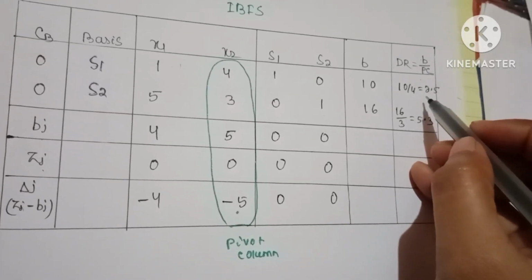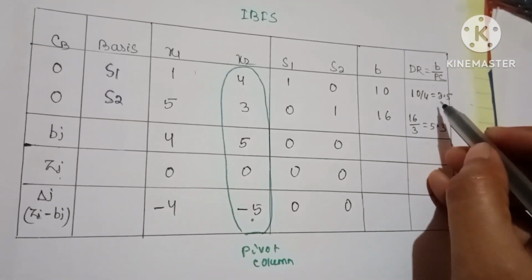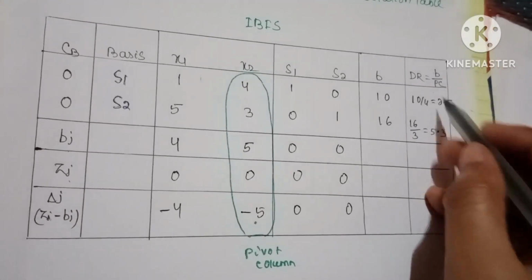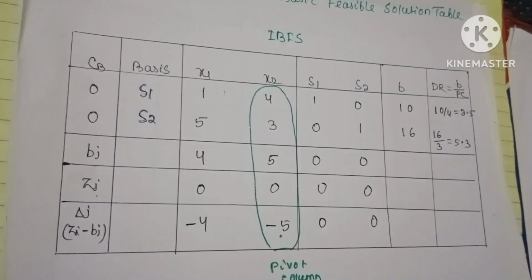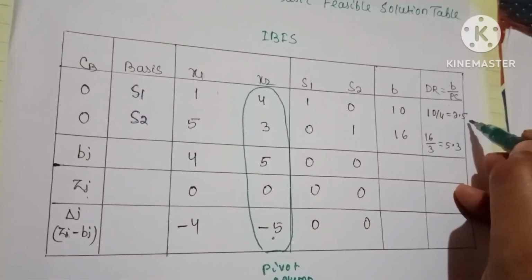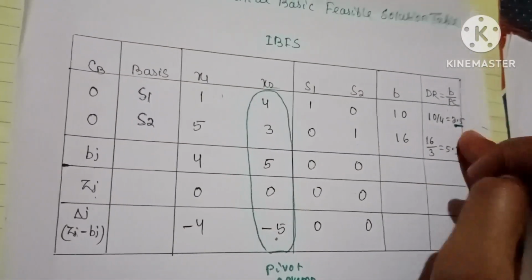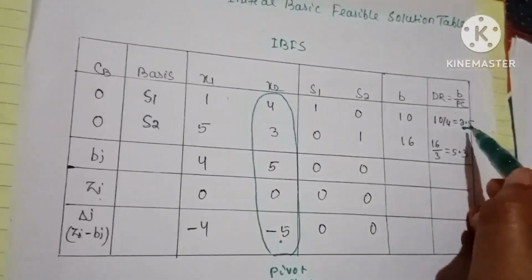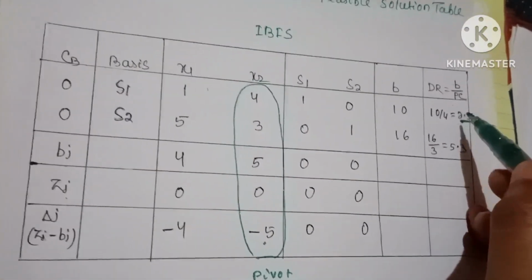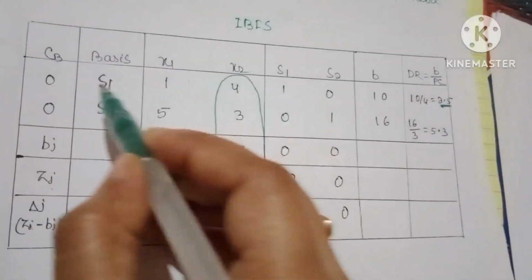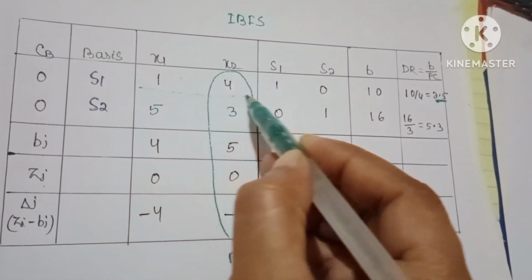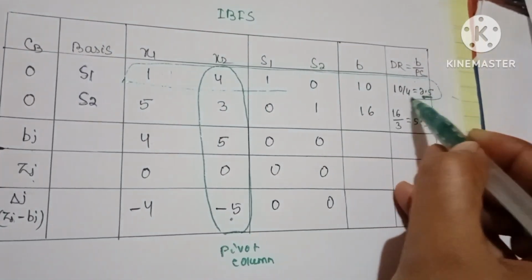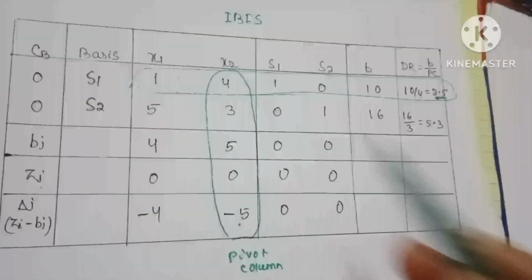To find the pivot row, we have to find the smallest positive number in there. Out of these, 2.5 is the smallest positive number, and this decides the pivot row. So this row becomes your pivot row, that means row one.